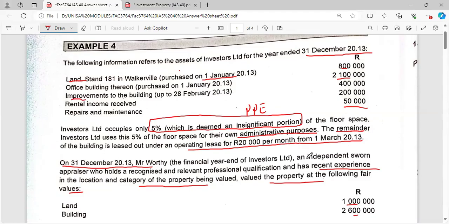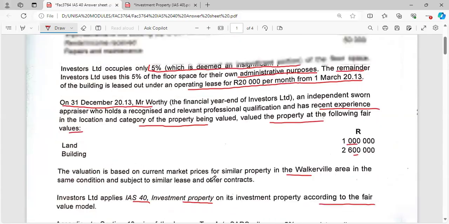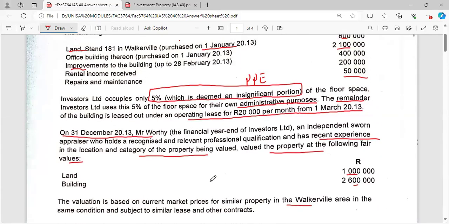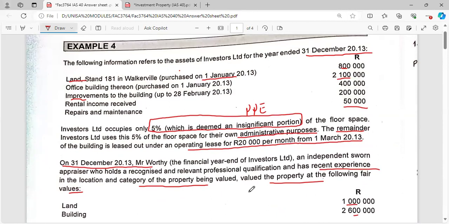So you capitalize that one. So in our profit and loss, what else can we take based on what we have here? I think there is also the fair value adjustment. Yes, we need the fair value adjustment here. So let's look at how we are going to adjust.